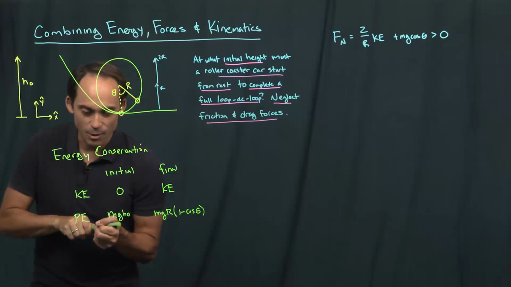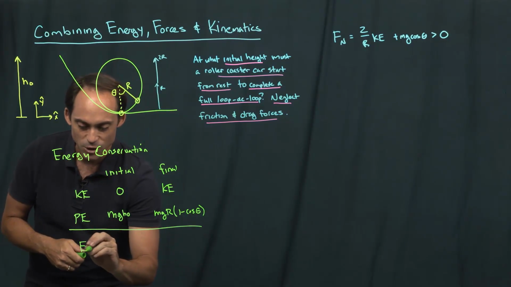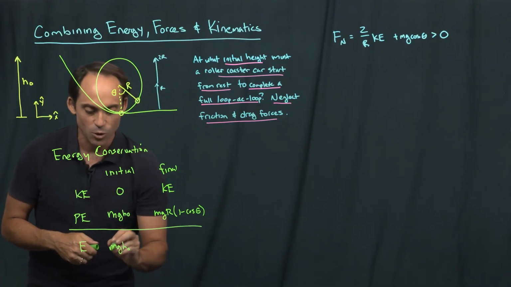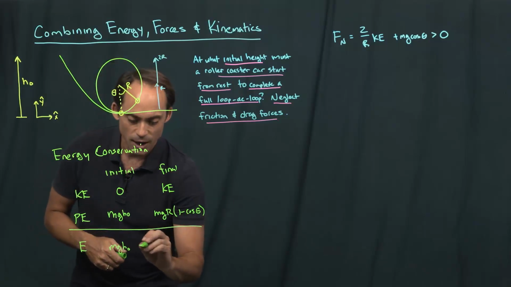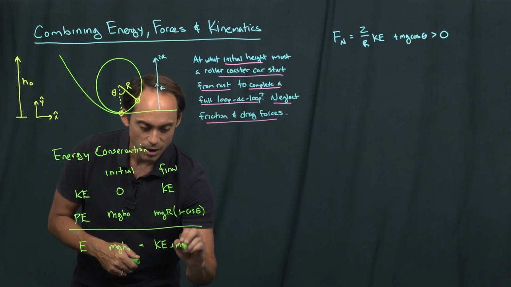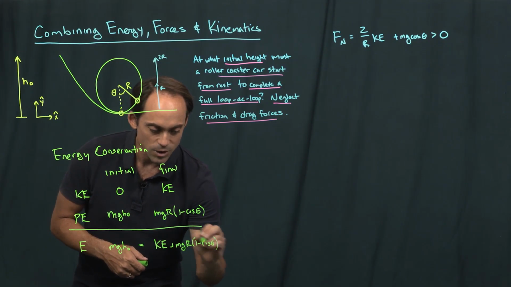All right, great. So now we can write down the total energy of the system, because that's the only potential energy we're concerned with. We've got mgh0 as our total energy at the beginning, and this is going to be equal to KE plus mgr times 1 minus cosine theta.